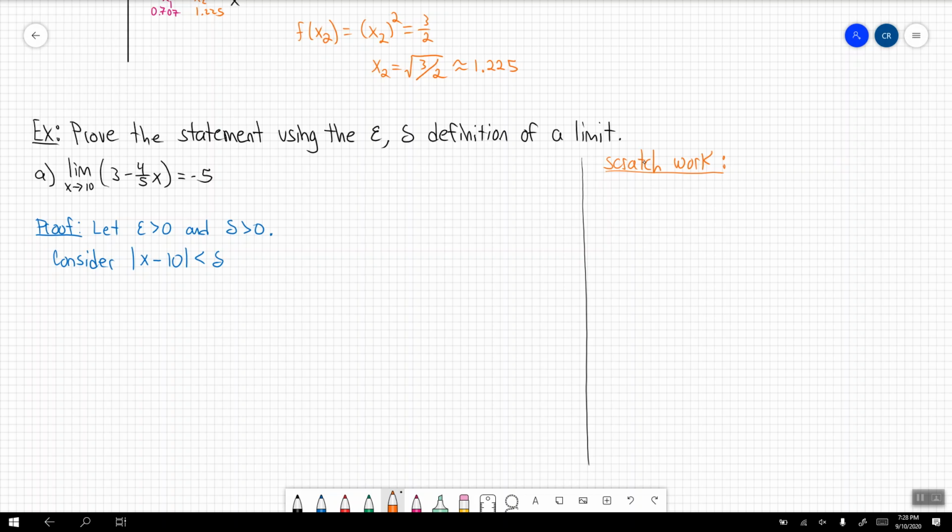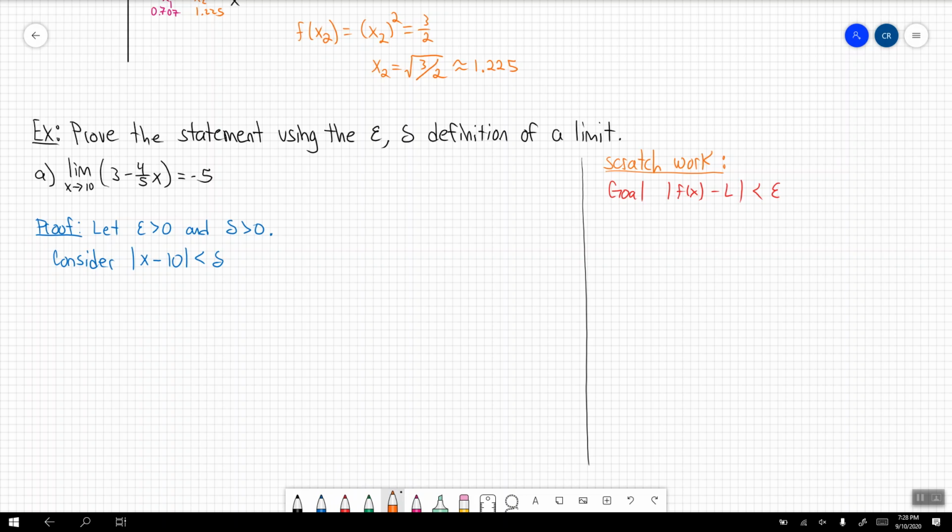So, in the scratch work, we know that the overall goal is to get that the distance between the function and the limit will be practically negligible. It'll be less than some value of epsilon, where epsilon is greater than 0. In other words, it can collapse down to 0 under the limit definition. So, that's our overall goal.